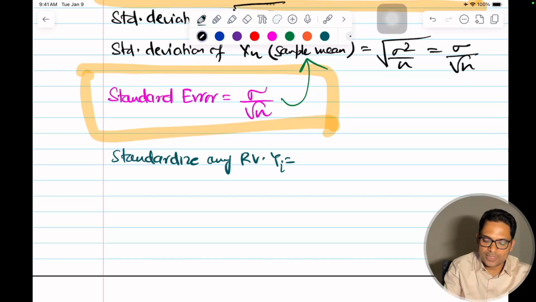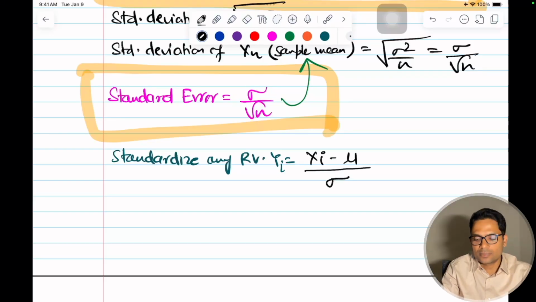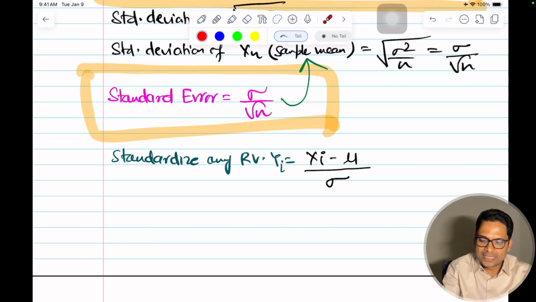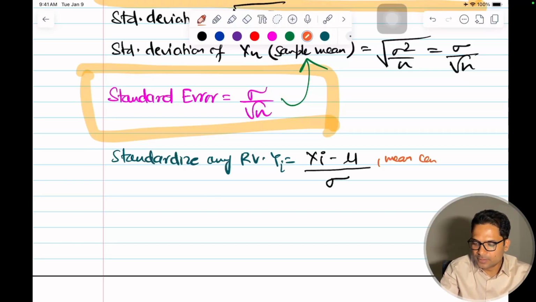Each value in yi, we subtract the population mean and divide it by the population standard deviation. This is also called mean centered and variance scaled standardization.